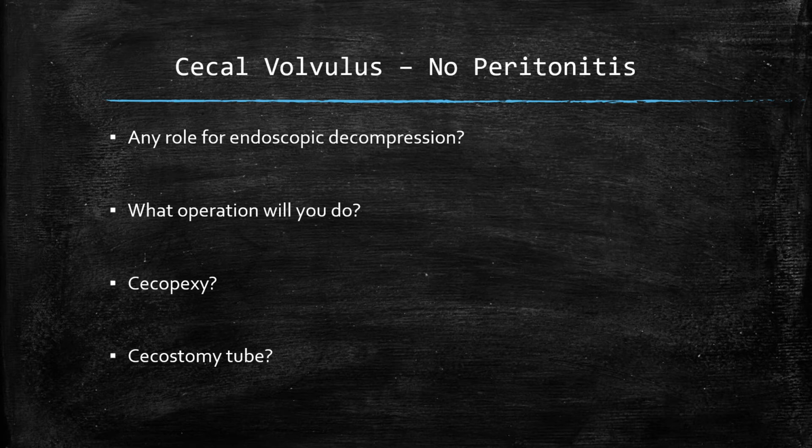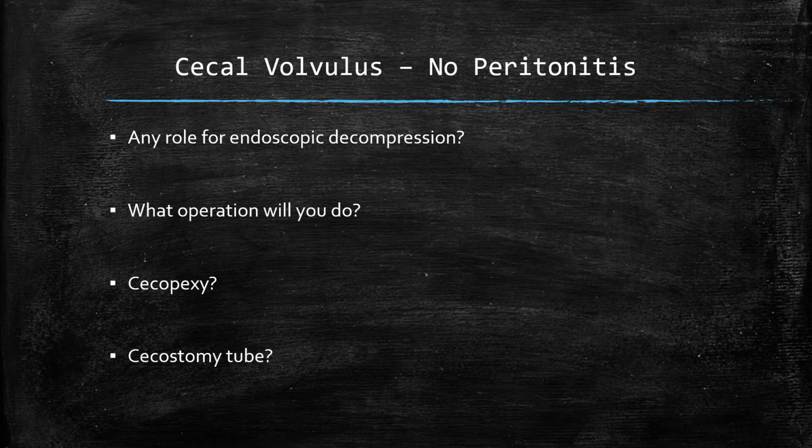Okay, well, the first thing is there's some significant treatment differences between a cecal volvulus and a sigmoid volvulus. This makes some sense since one is an acquired problem and one is more a congenital problem. First, is there any role for endoscopic decompression in someone with a cecal volvulus?